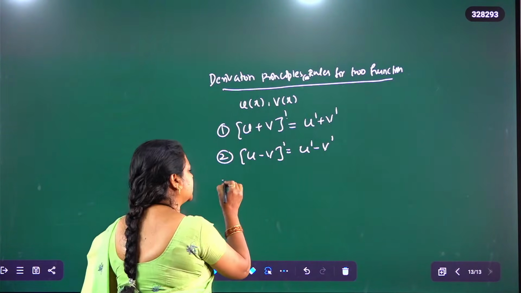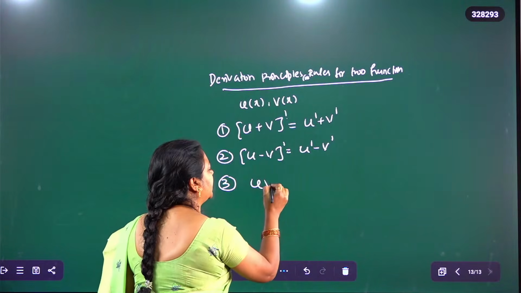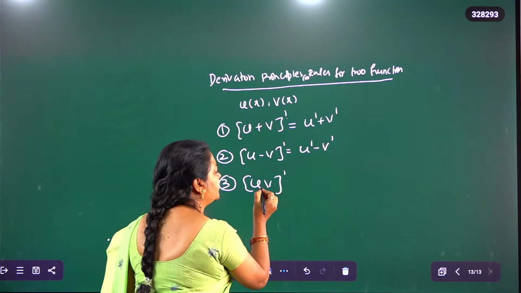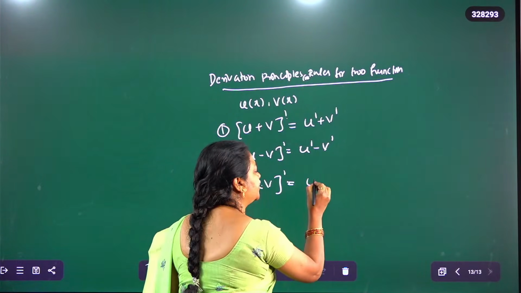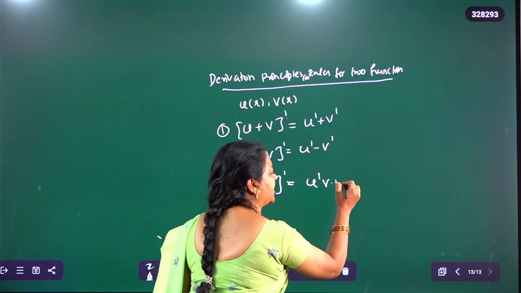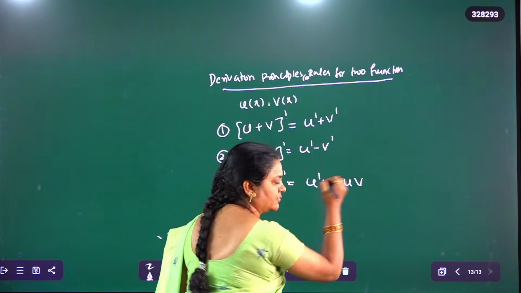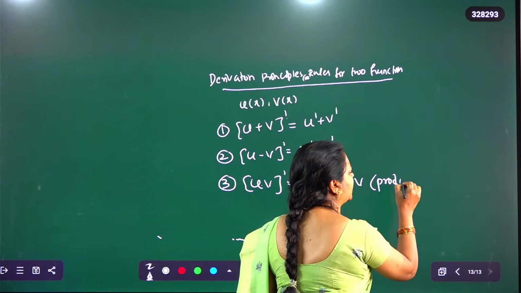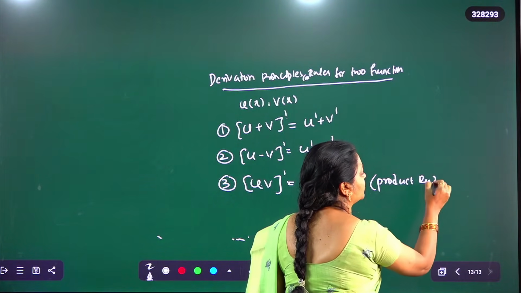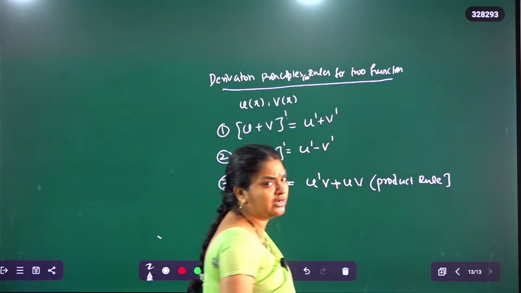The third one is uv whole dash, that means u into v. What is the derivation here? u dash v plus u v dash. This is also known as the product rule. All these formulas, whatever I am writing on the blackboard, will be used while doing problems.